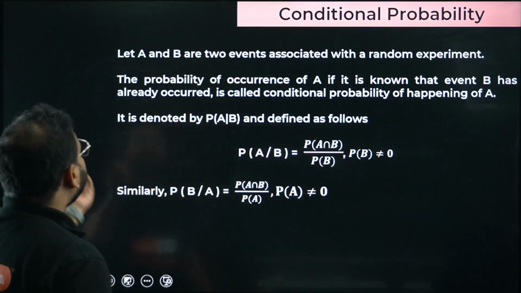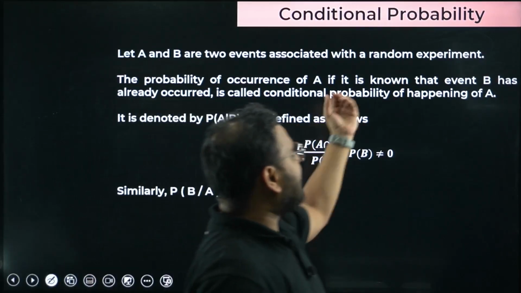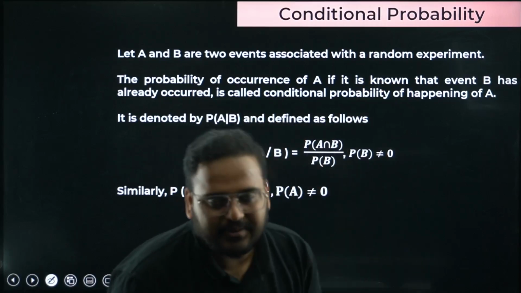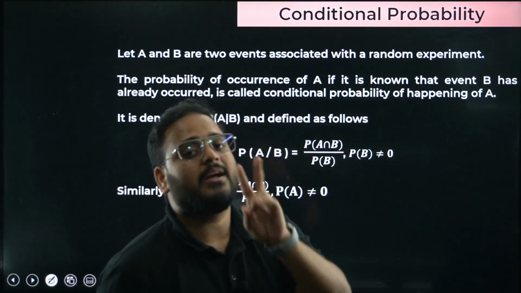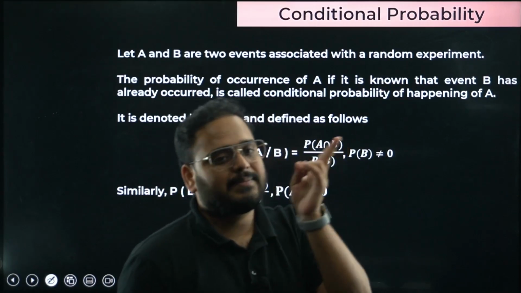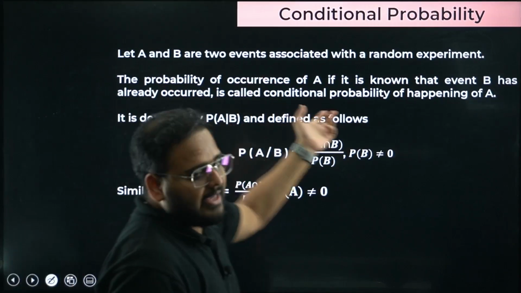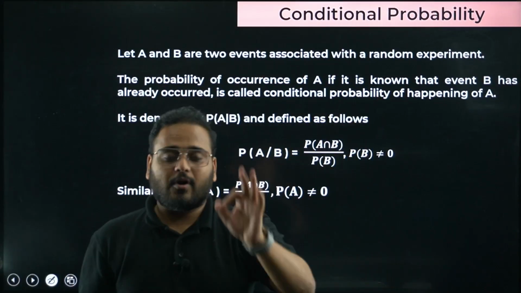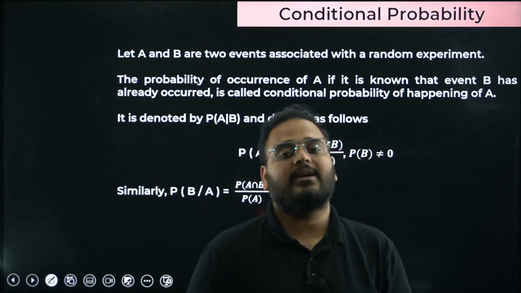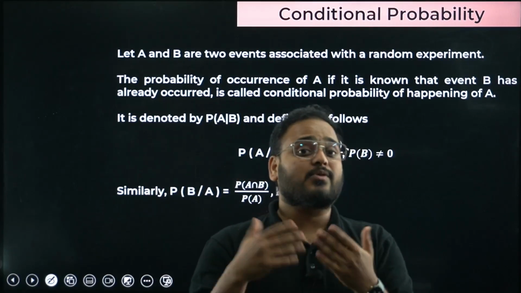So let A and B be two events associated with a random experiment. For any random experiment, we have two events from that experiment, event A and event B. We are looking to find the probability of the event A provided that B has already occurred.